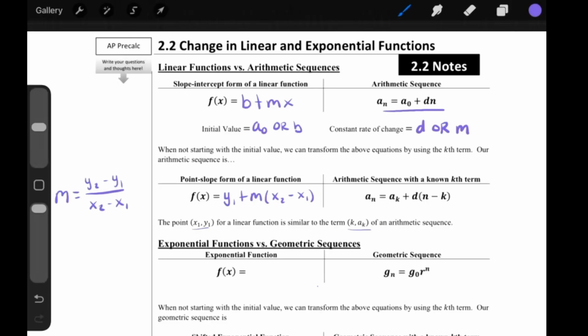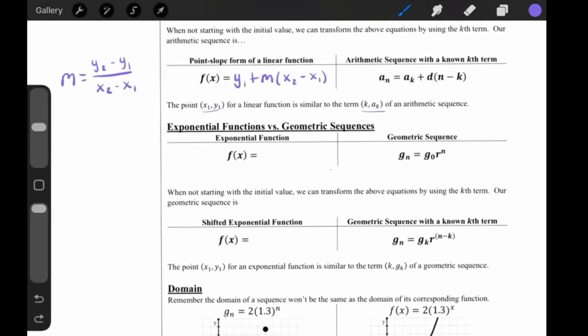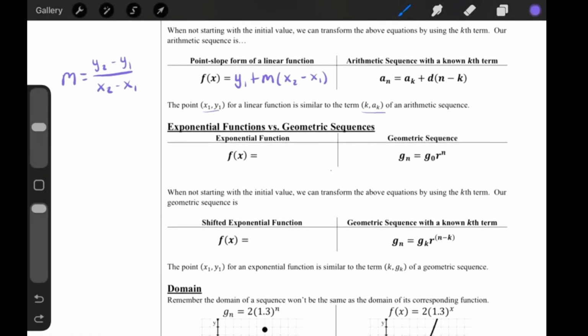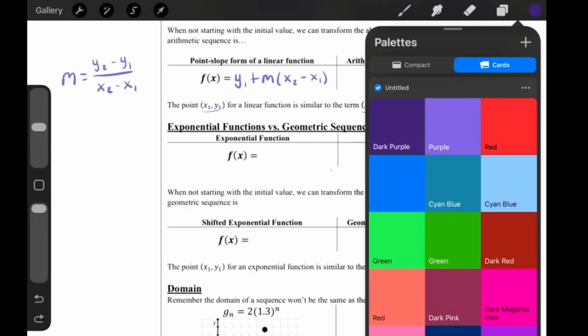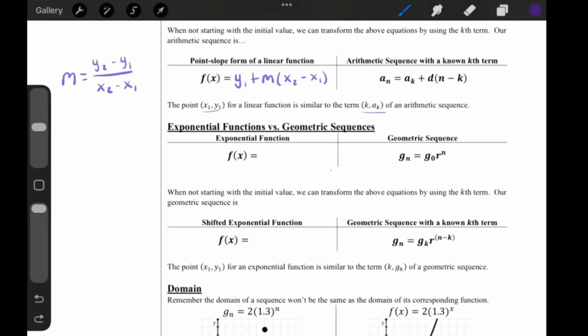Our exponential function versus our geometric sequence. Now we're going to go ahead and compare exponential functions to our geometric sequences. Here, our equation for an exponential function is going to be a times b to the x power.